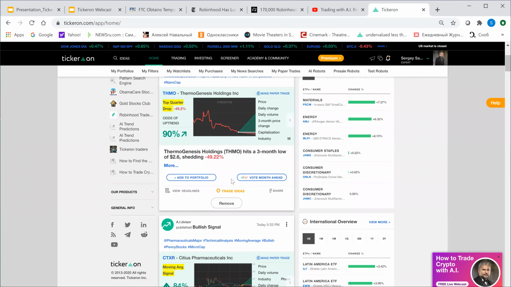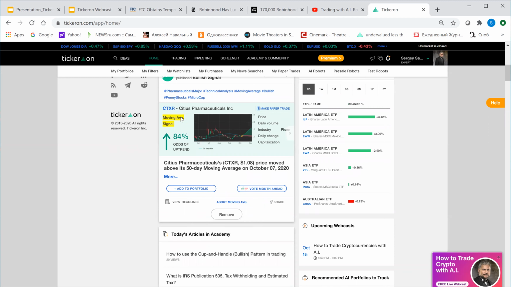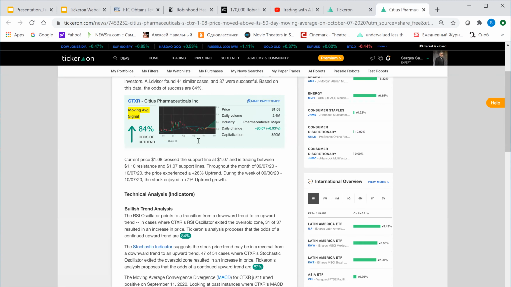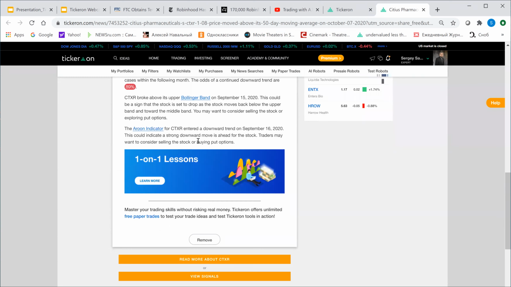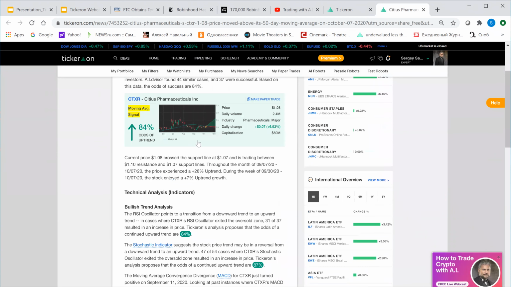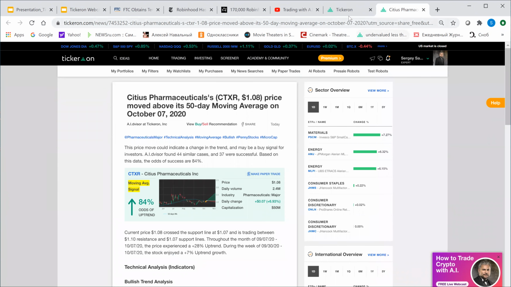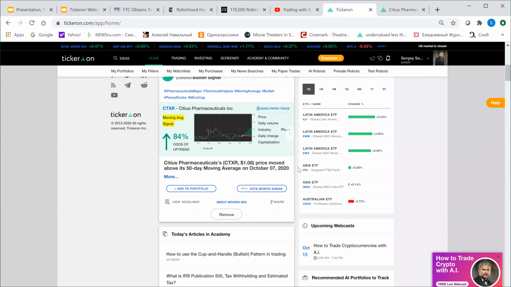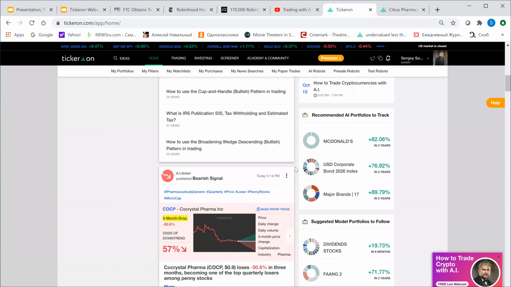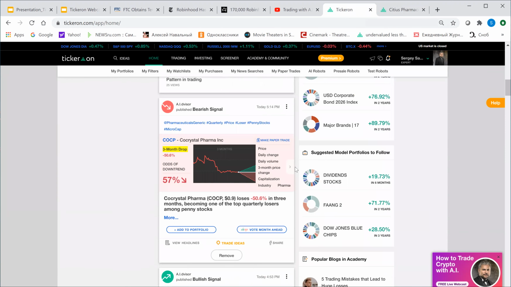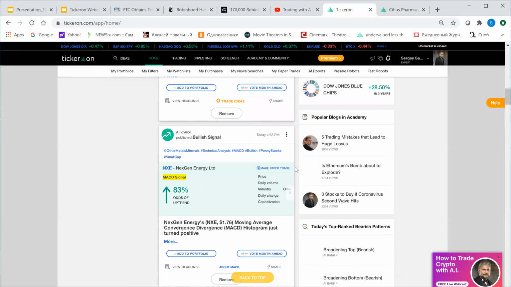As you can see, there are odds of success, which are pre-calculated backtesting. And then you can read about any company by clicking here and reading what's going on with these companies in the news and articles. So this is about the trade signals.